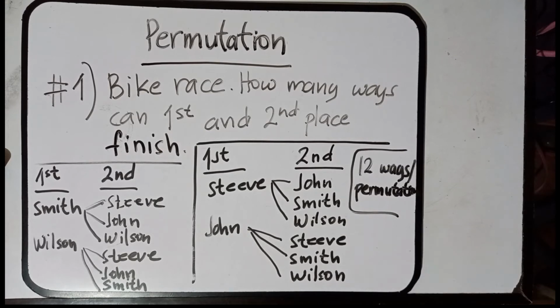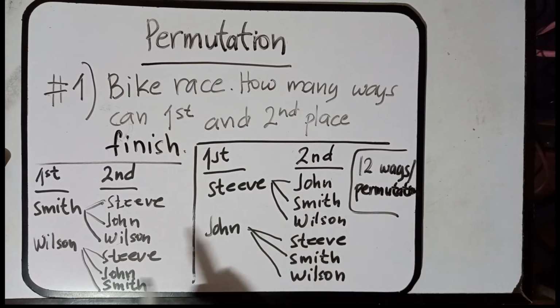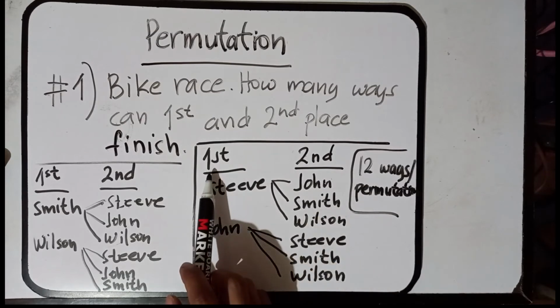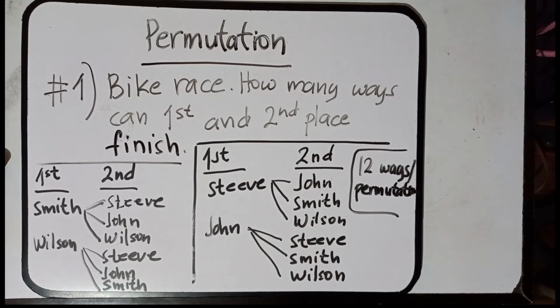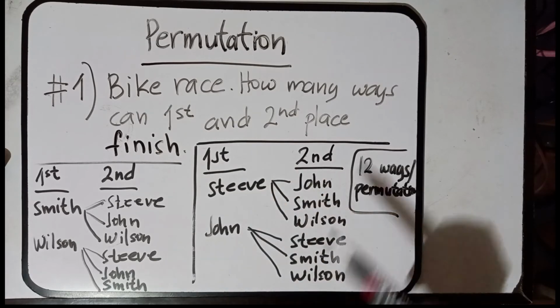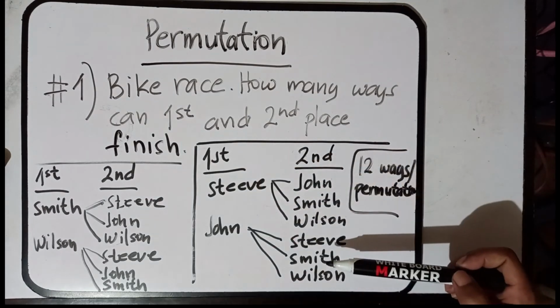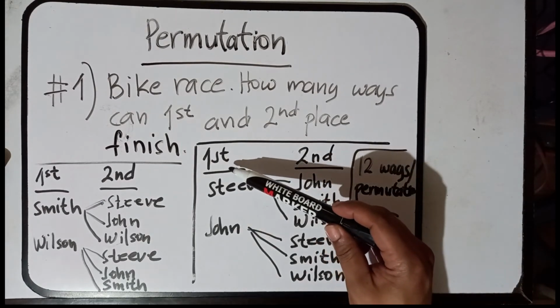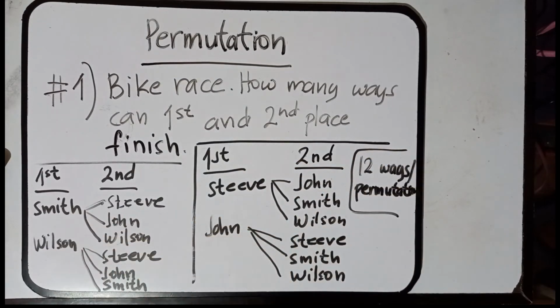So what is the fundamental counting principle? It states that we look at the number of events, which in this example is two: 1, 2. Since we have two events here, we will look at the number of ways that occurred in these events.